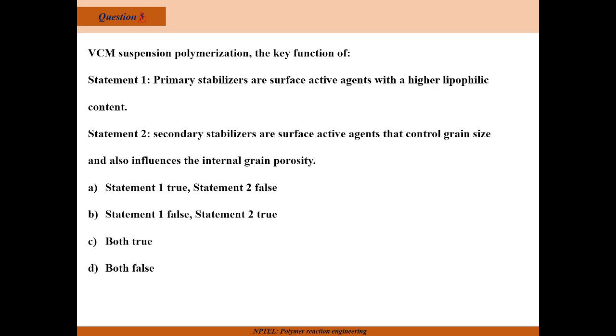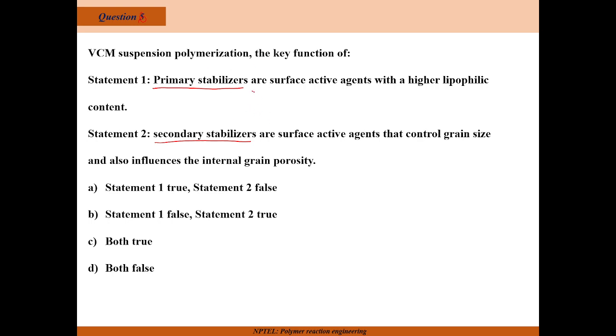Okay. VCM is basically vinyl chloride monomer. In VCM suspension polymerization there are two kinds: one is primary stabilizers and the other is secondary stabilizers. The answer to this question is that the statements are given in the other manner.